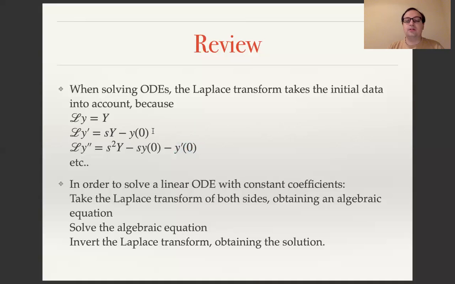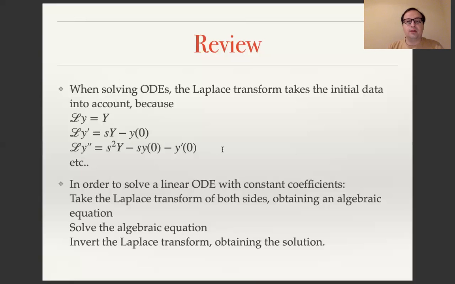Notice that when I solve an ordinary differential equation by the Laplace transform, this method automatically takes the initial data into account because they appear in the formula for the Laplace transform of the derivative and of the second order derivative. Similarly, the Laplace transform of the third order derivative would be s cubed Y minus s squared y of 0 minus s y prime of 0 minus y double prime of 0.